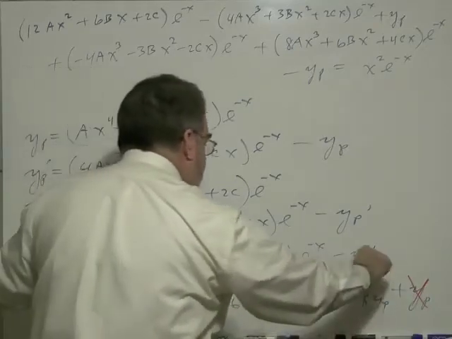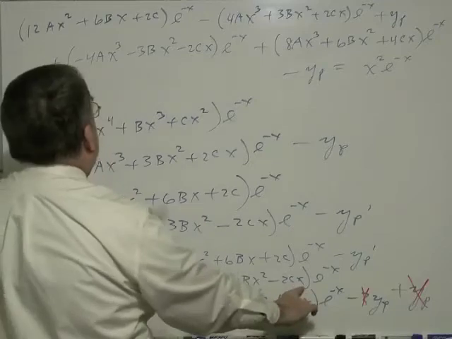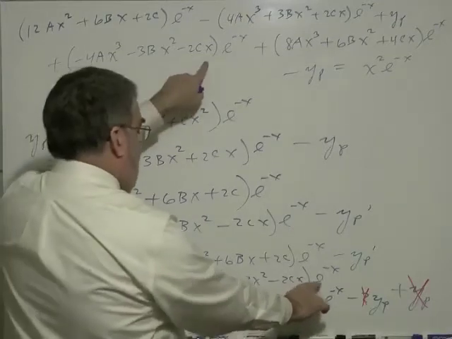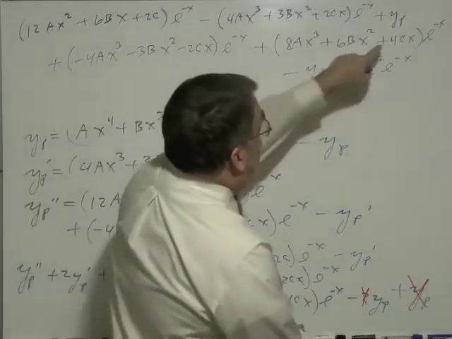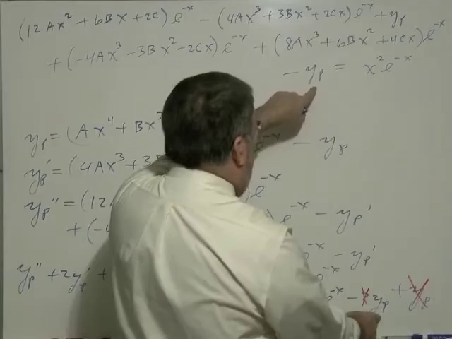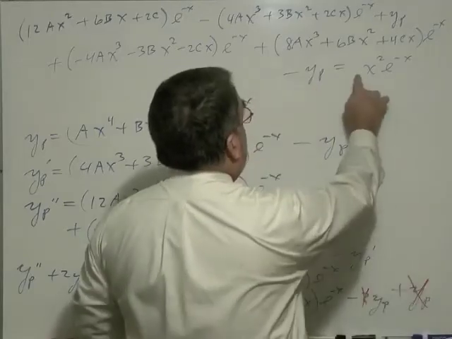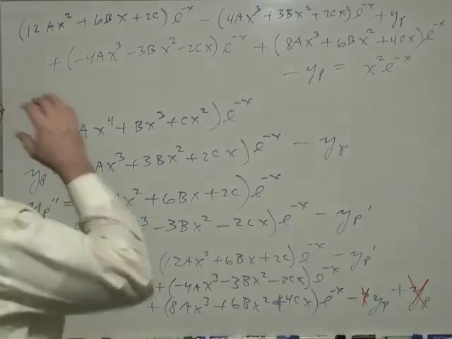So that was this part here. And then we have this parentheses times e to the minus x, and then this parentheses times e to the minus x, and then minus y particular. And it was all equal to x squared e to the minus x. That was the q of x in our equation.